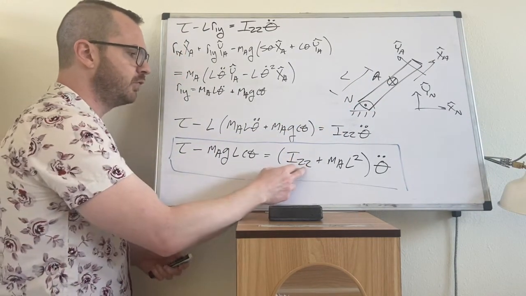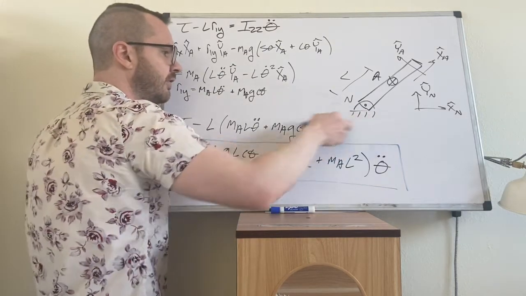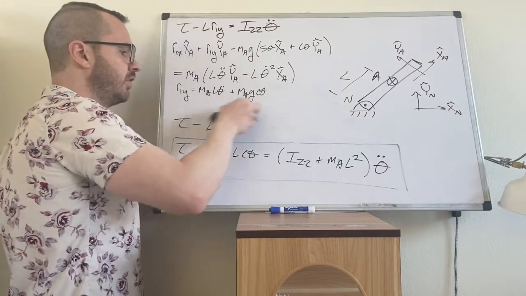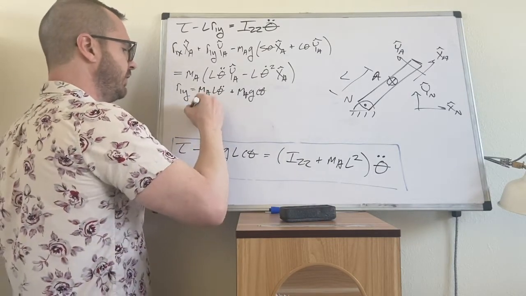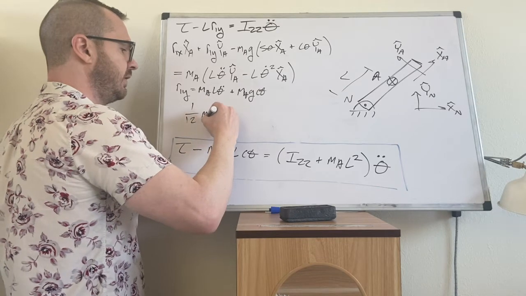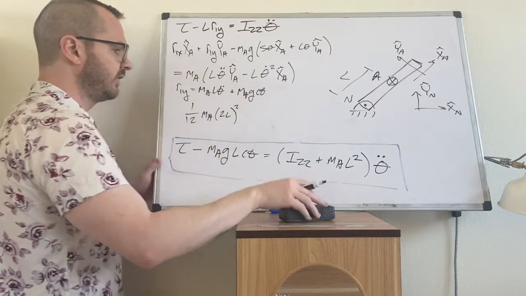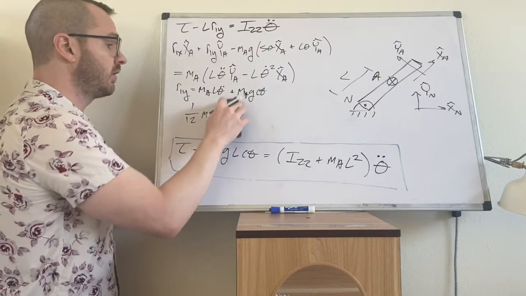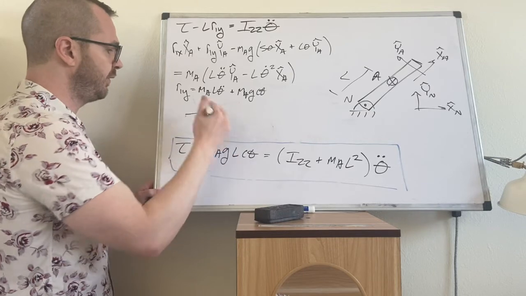And if we wanted to, we could go back and replace this Izz with that other term. You said it was 1 over 12 m l squared. So if we do 1 over 12 m a, and it was 2 times L squared, so that's going to give us 4 L squared, and 4 over 12 makes 1/3.